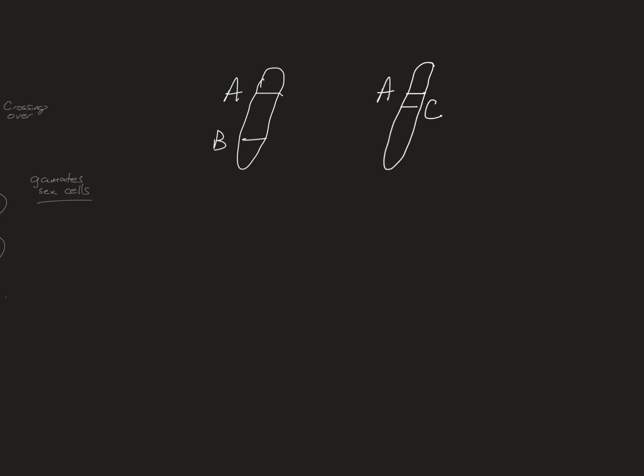If you're thinking about these two floppy hairs floating around in a cell and just randomly flopping on one another, what's the chance of the other one flopping on?